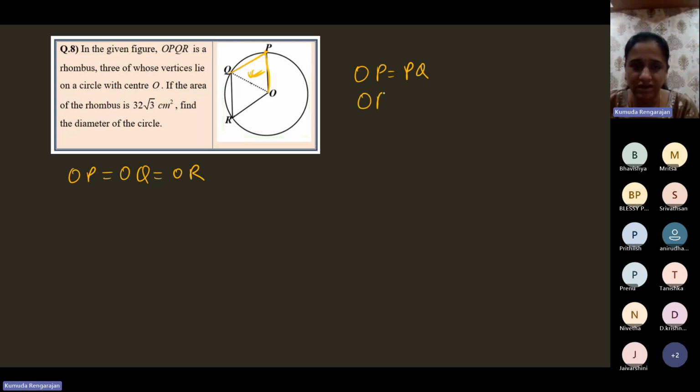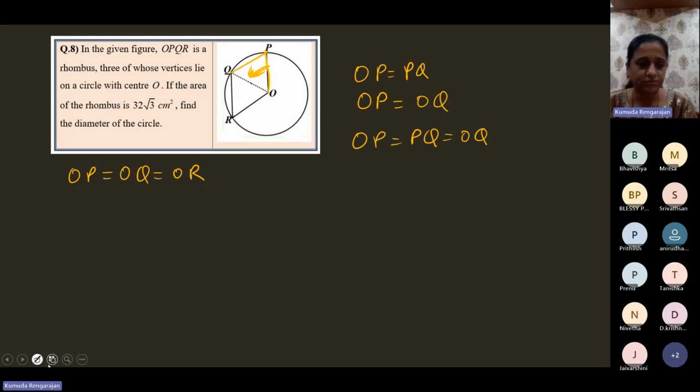But OP is a radius, right? The radius OP is equal to OQ, radii of the same circle. So when you compare these two results, OP is equal to PQ is equal to OQ. So that means this triangle is an equilateral triangle.